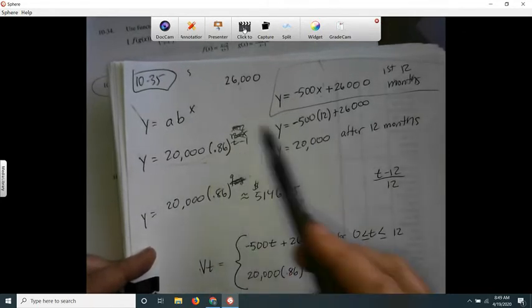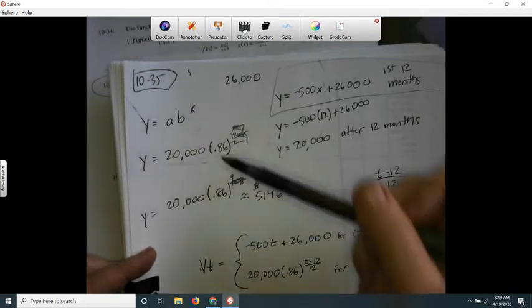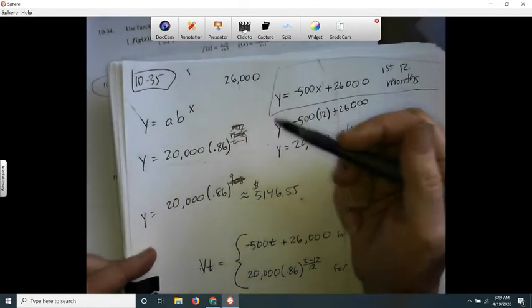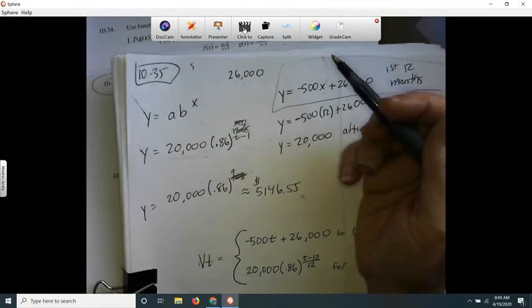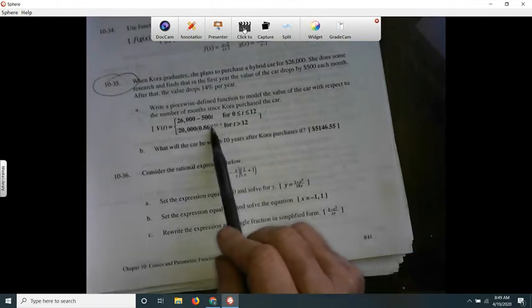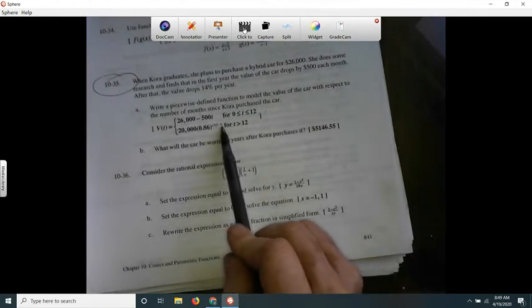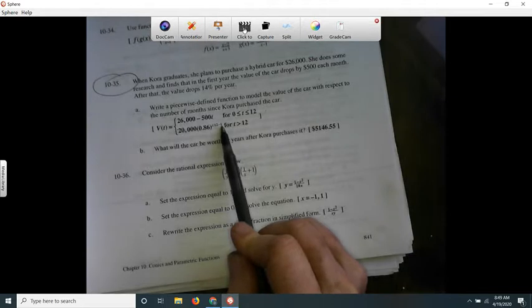And then b is just, if you take 100% minus 14%, that gives you 86%. And then I got confused about what the book said. The book said T over 12 minus 1, or maybe it's T over 12 minus 1.